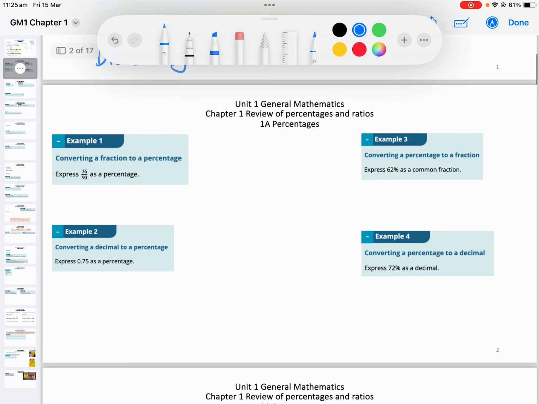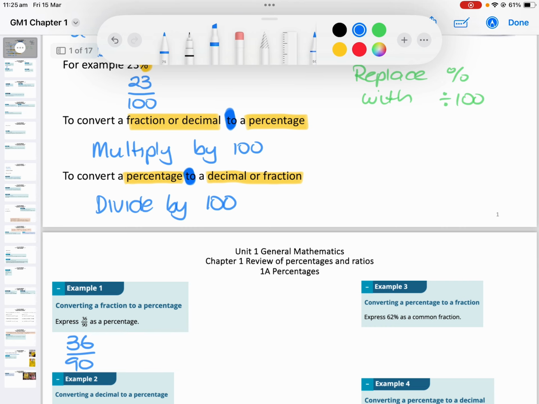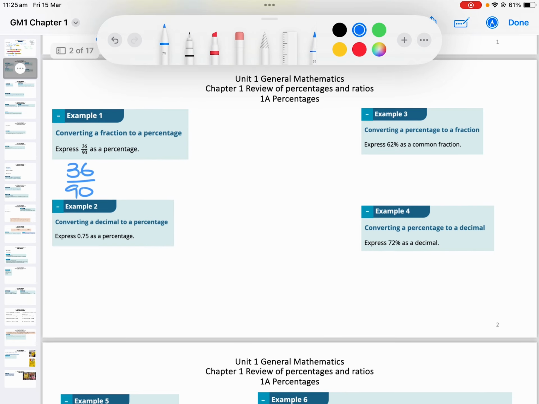If we look at this example, 36 out of 90 as a percentage. When we want to go to a percentage, what do we do? We multiply by 100. So 36 out of 90 times 100.